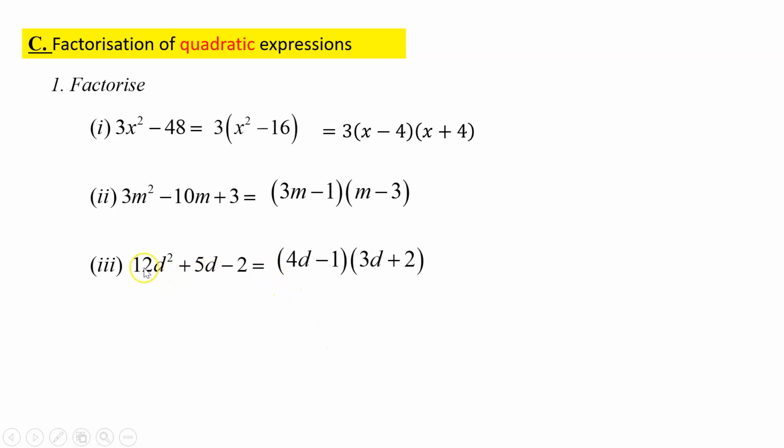Now if we do the 3 and the 4, we've got the outside giving us plus 8d and the inside giving us minus 3d, giving us a plus 5d in the middle. So you know you've got the 2 and a 1 on the end. Then fiddle about with the beginning 12 to see what gives you the plus 5d in the middle. Like I said, these could be on the paper where you have no calculator.